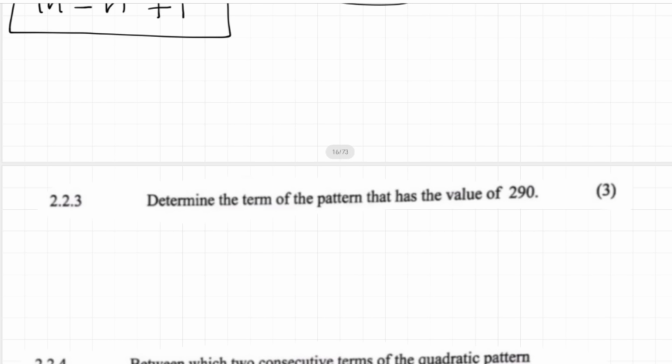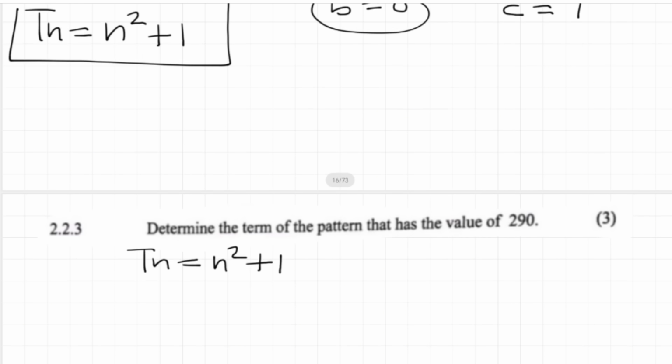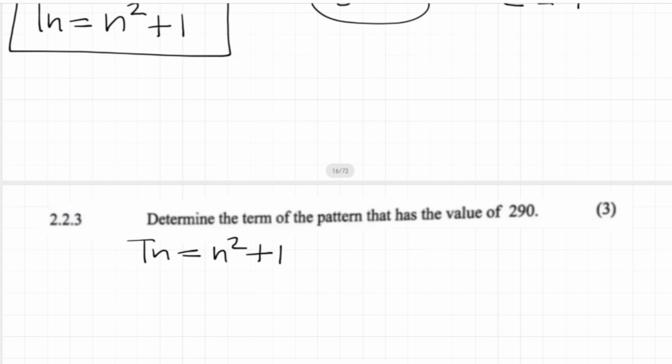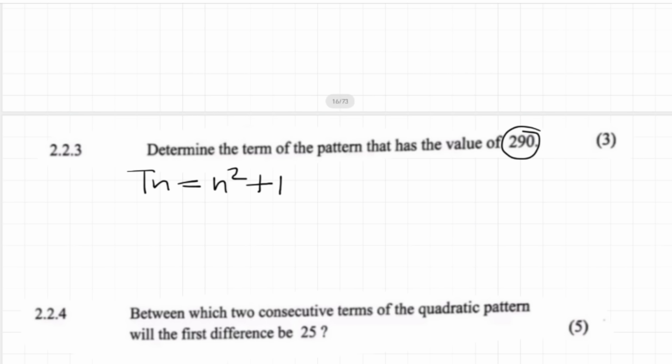So the next question, they say determine the term of the pattern that has the value of 290. So we have Tn, which is equal to n squared plus 1, just like that. Yeah, it's correct, it's plus 1. So they want the term that is equal to 290. So they need the number of the term that is equal to 290.